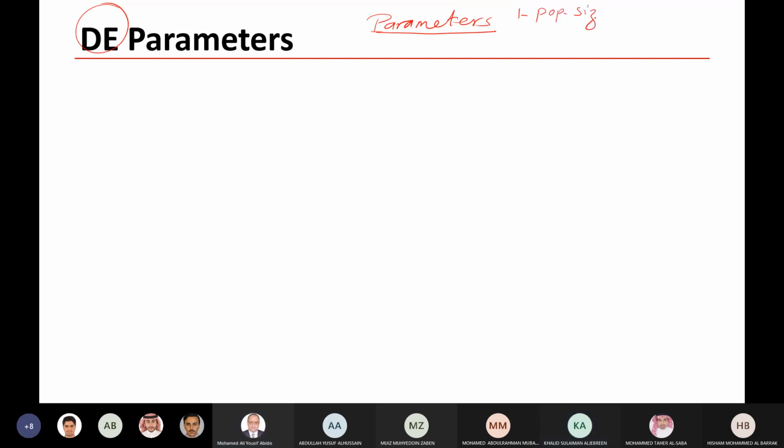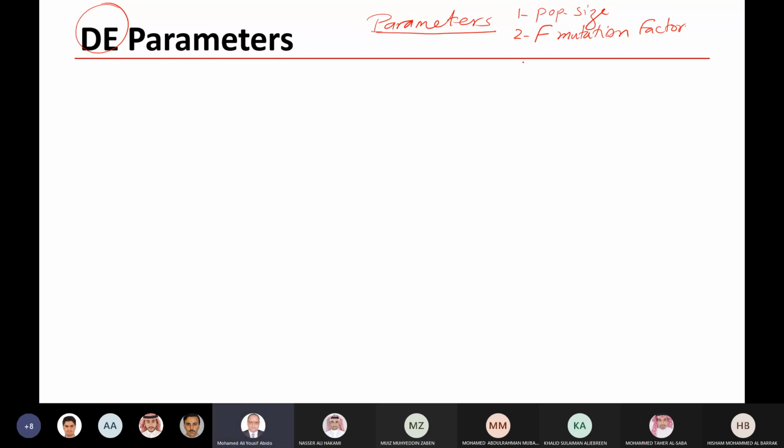Yes, you have to set the population size, definitely: 10, 20, 50, or whatever. We also need to set the F, between 0.4 and 0.9. The mutation factor you have to set at the beginning, and this will be constant throughout the run.